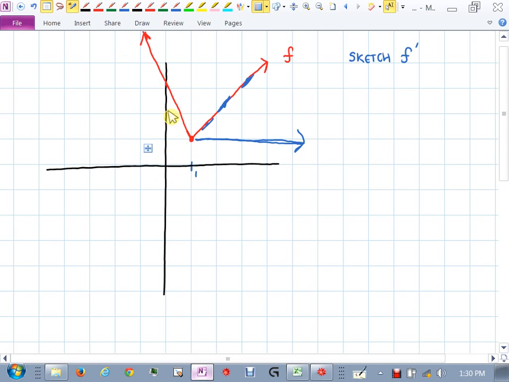What about to the left of 1? If you're over here somewhere, what's the slope of this line? Negative 2, right? Which means the derivative must always be negative 2 to the left of 1. So if I go down, negative 2 is this. It's supposed to be straight.